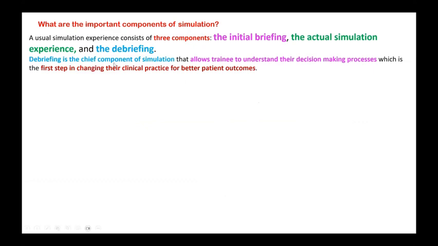Debriefing is the chief component of simulation that allows the trainee to understand their decision-making processes and is the first step in changing their clinical practice for better patient outcomes. So if you have made any mistakes during the actual management, they can be corrected by the debriefing. Debriefing plays a very important role in simulation training.